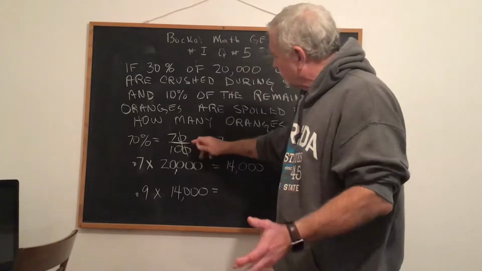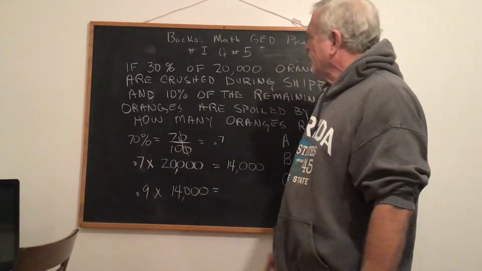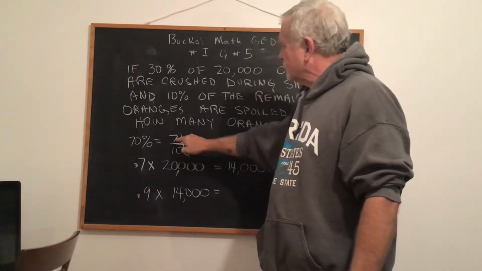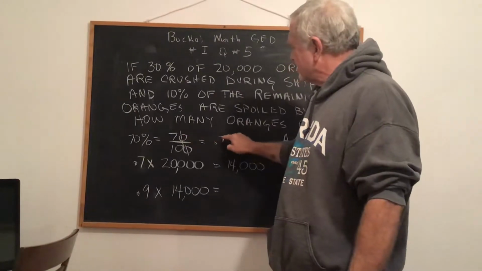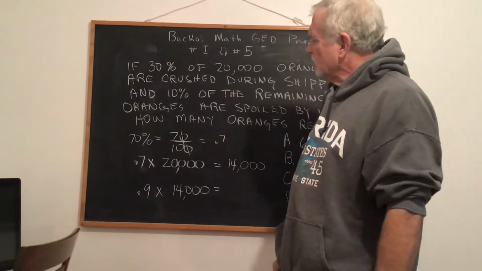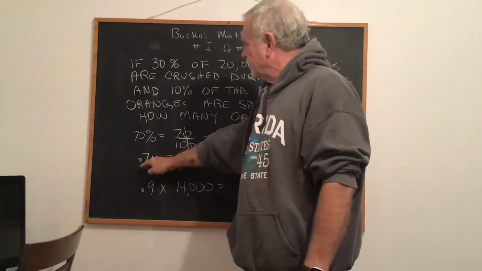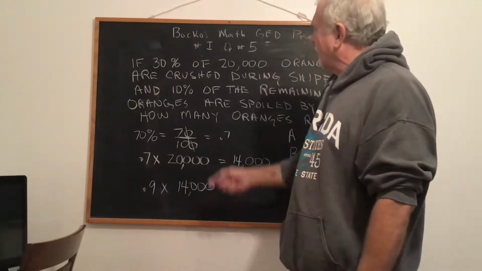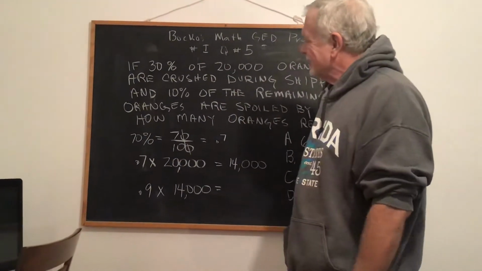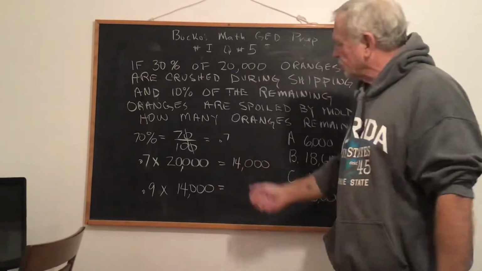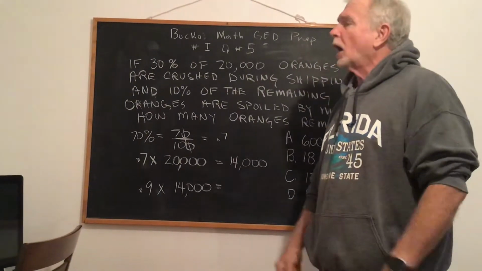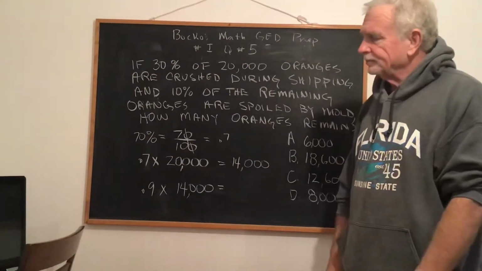As long as your decimal point's over here, that's legal to do. And you get 7 over 10, or 0.7, 7/10. It's the same thing. So I took 0.7 and multiplied it by the 20,000 oranges. And that gives me 14,000 oranges are good in the first step.